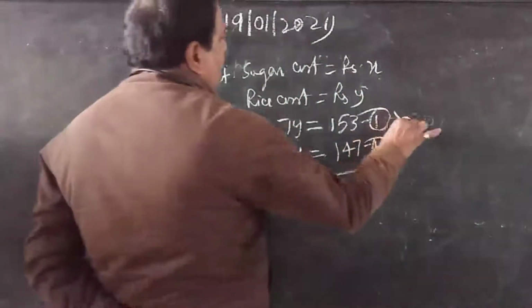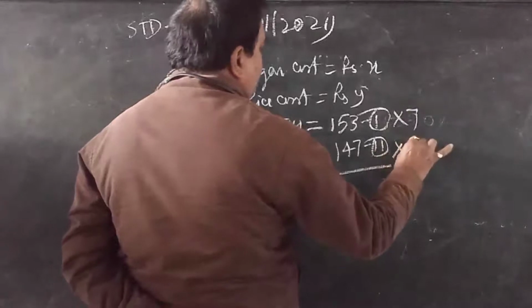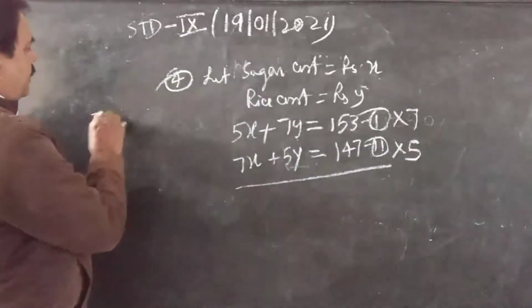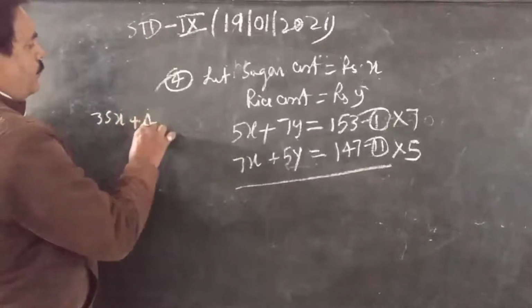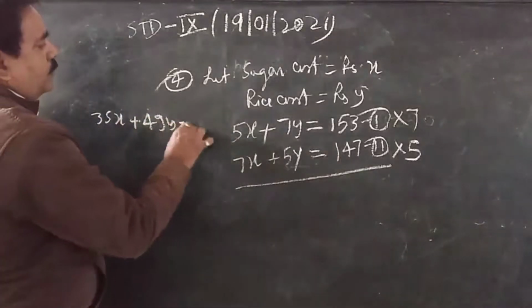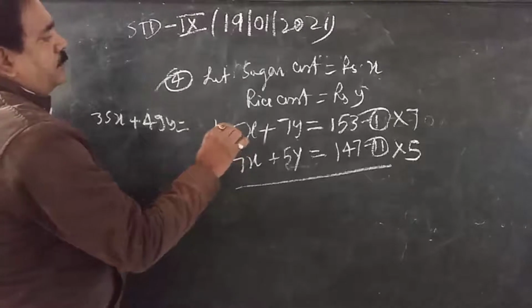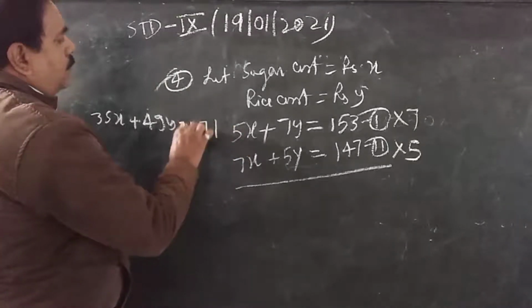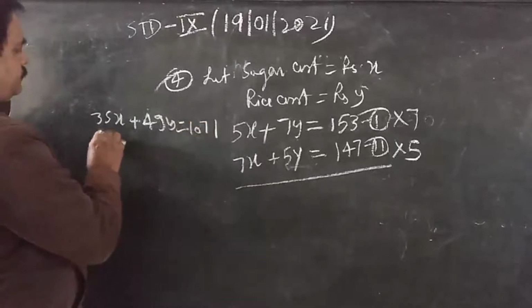So first multiply this one by 5, this one by 7. So this becomes 35x plus 49y is equal to the value.